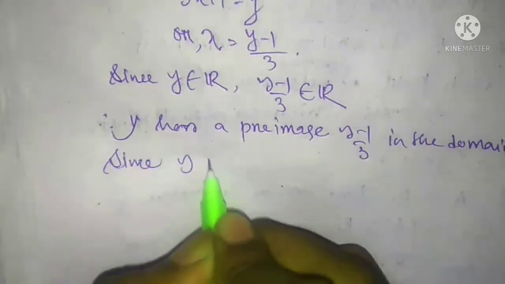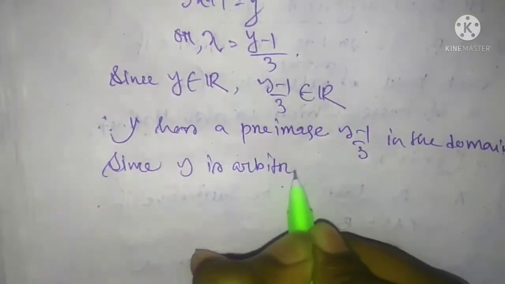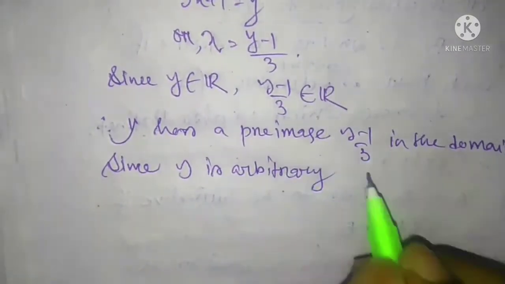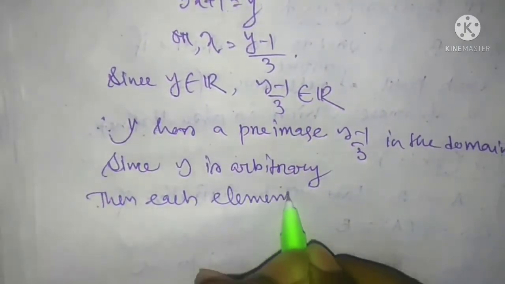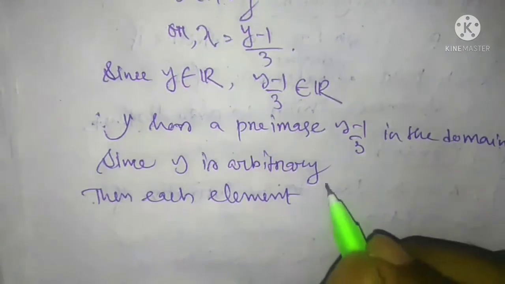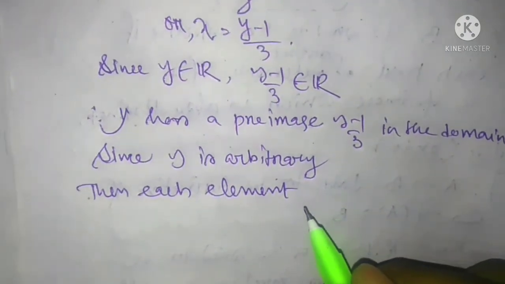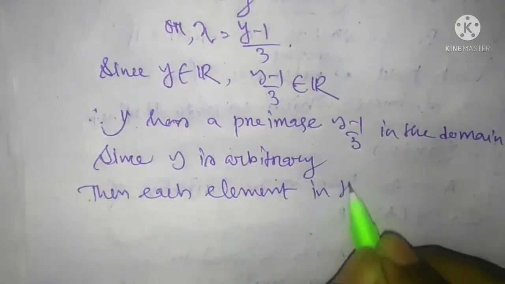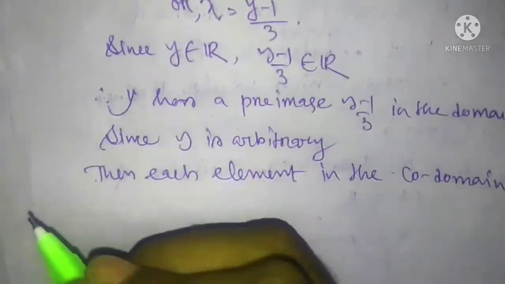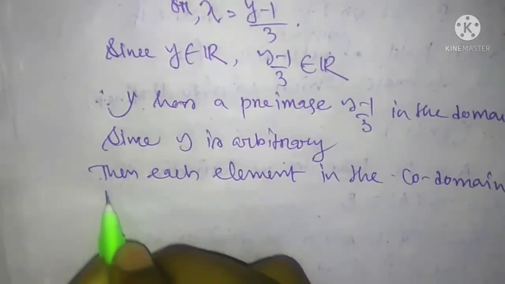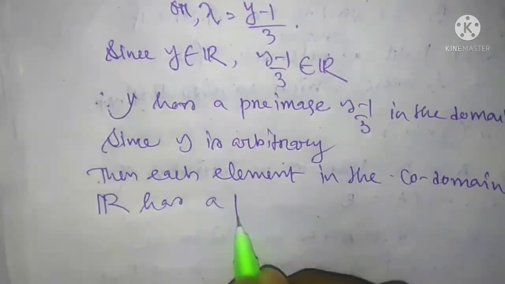Since y is arbitrary, each element in the codomain set R has a pre-image under f.